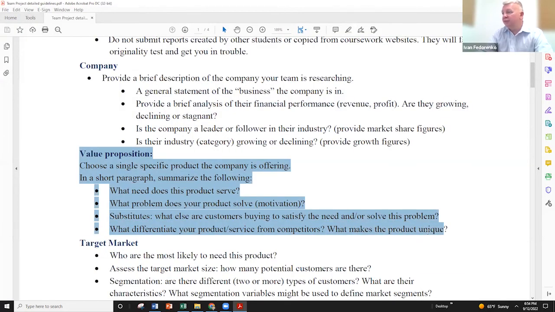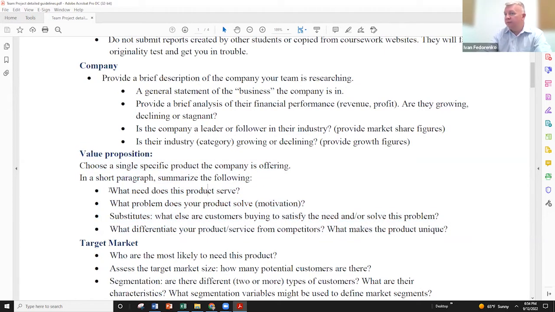After introducing the company and industry, look at their value proposition. Essentially, in the last class we discussed what a value proposition is. What is good? What is special about their offer? Why would anyone buy from them? What needs does their product serve?